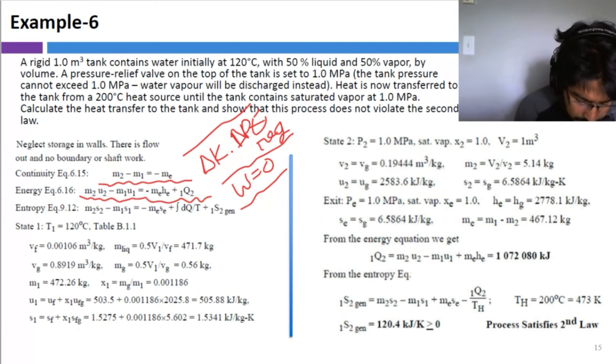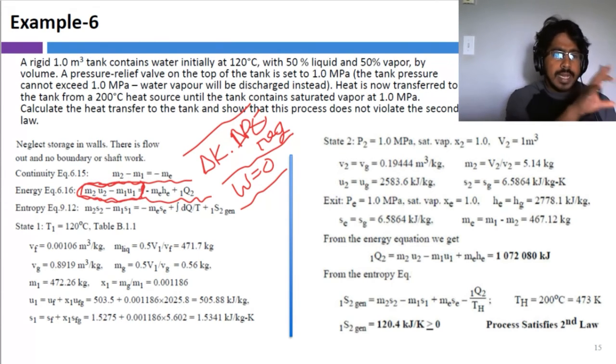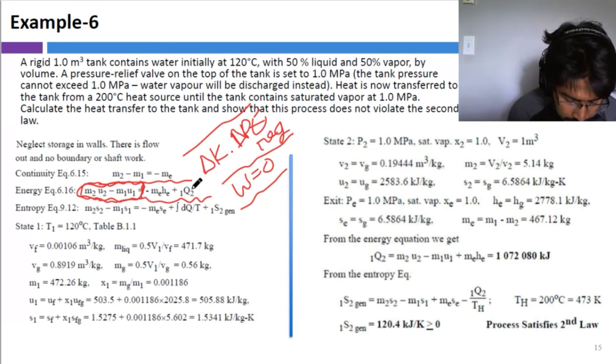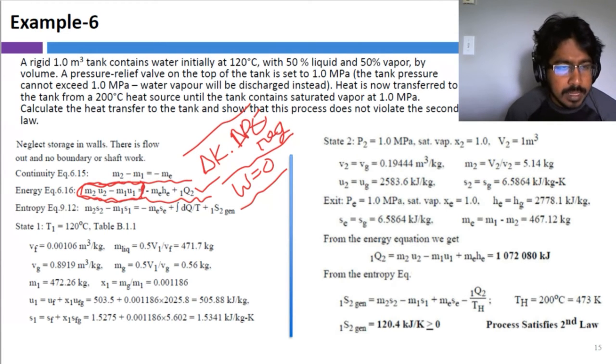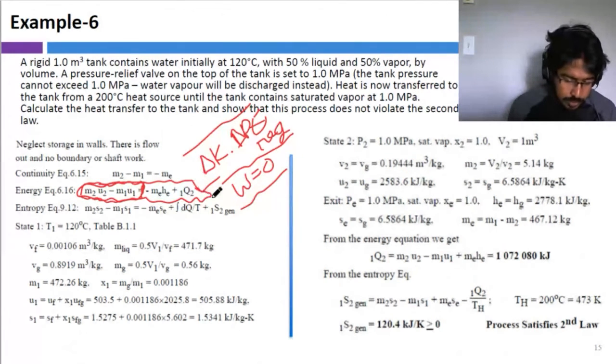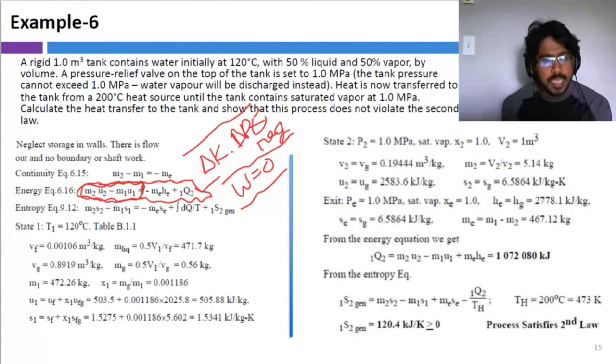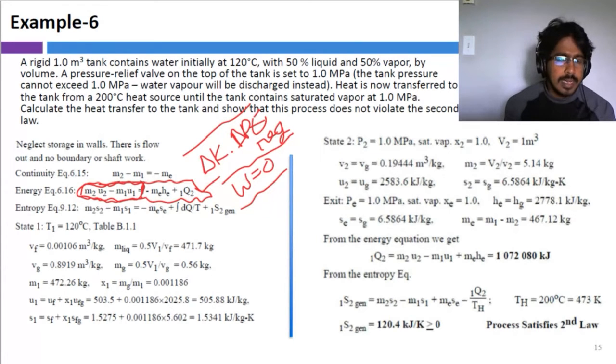Therefore, the total energy difference of the control volume can be calculated as M2U2, which is the total internal energy at state 2, minus M1U1, the total internal energy at state 1, which is equal to the energy added in the form of heat minus the enthalpy taken out of the system with the leaving mass. So are we clear about this first law equation? Any questions? It's very important you understand.